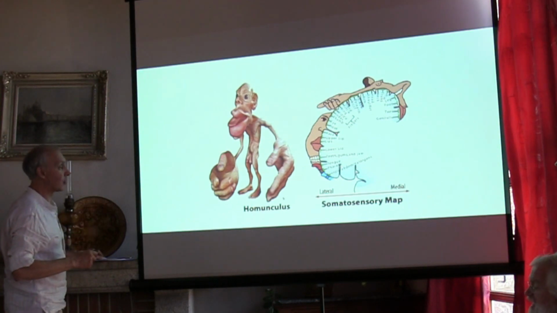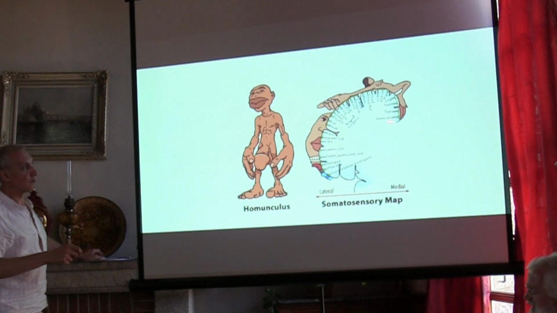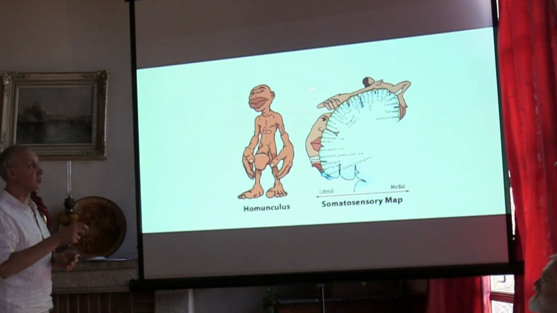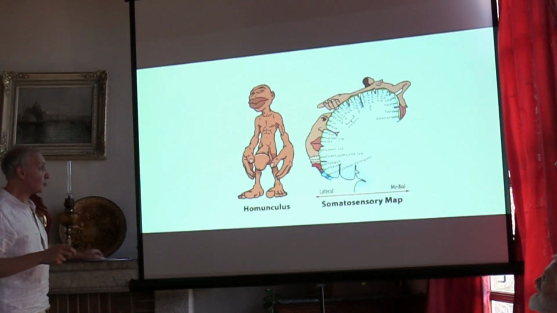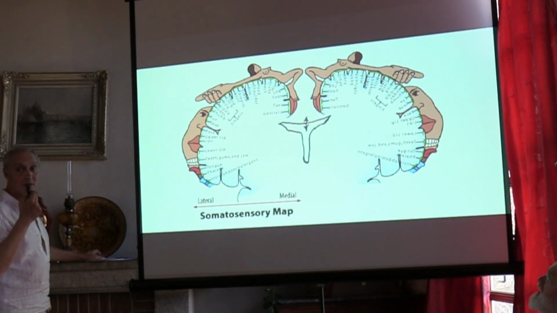But the real one is like this, because there is a very big part for the mouth, for the hand, but also for the genital parts. And this genital part, related to Bentov, is just in front of this. So all the sexuality is very much in relationship with Kundalini. Oh yeah.